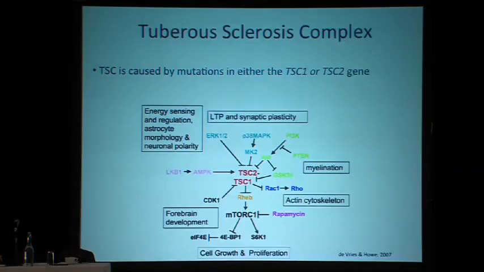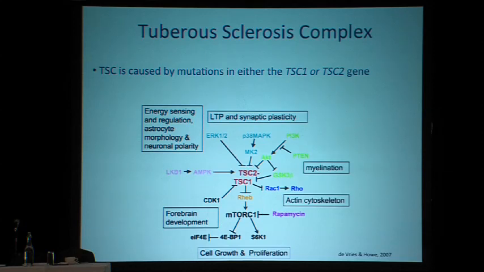So tuberous sclerosis, or TSC, is a genetic disorder that gets caused by a mutation in either the TSC1 or the TSC2 gene. If you look here, the TSC1, TSC2 protein complex acts as an upstream regulator for the mammalian target of rapamycin.